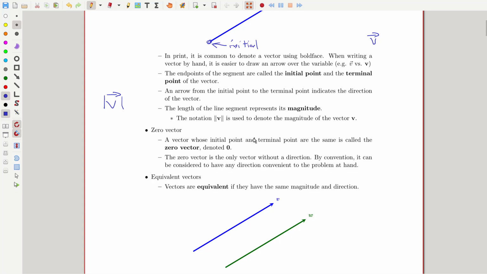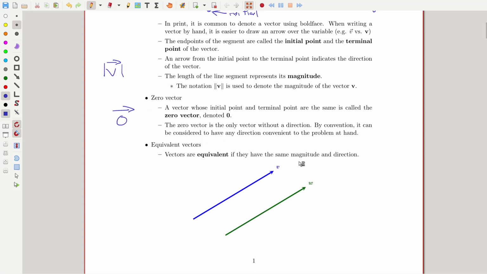Its length is 0 because it doesn't go anywhere, and you might denote it with a 0 in bold, or a 0 with an arrow over top of it. This zero vector is a bit special. It's the only vector that doesn't really have a direction, and so it can be considered to have any direction that is useful for the problem that you have.